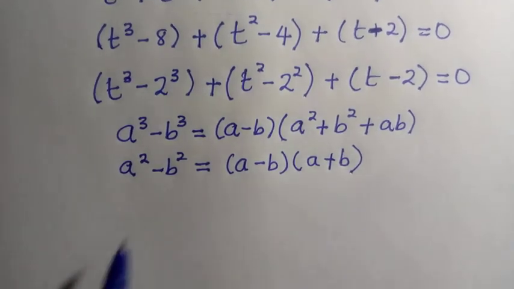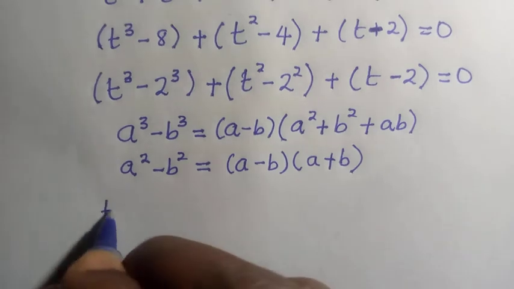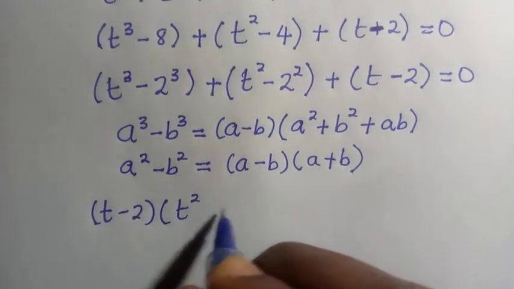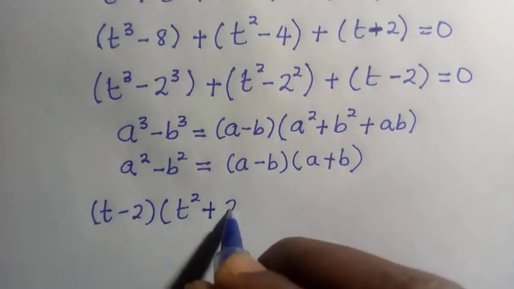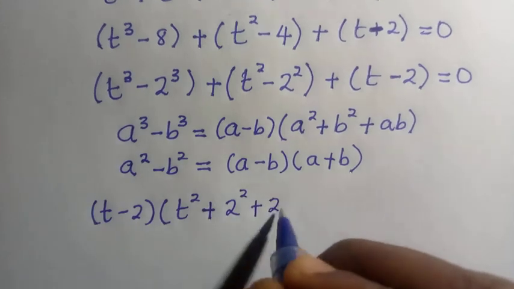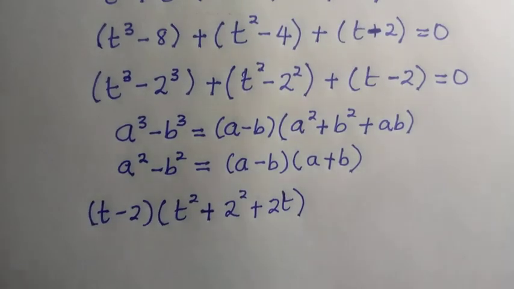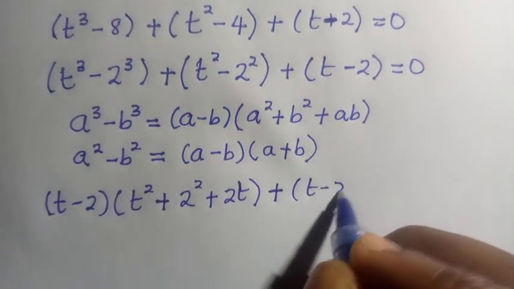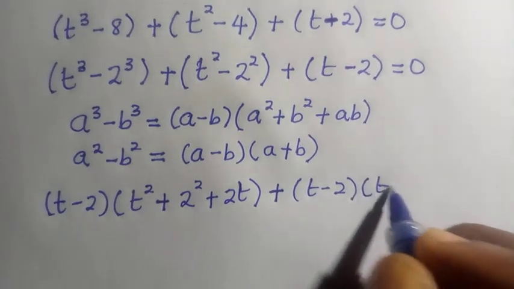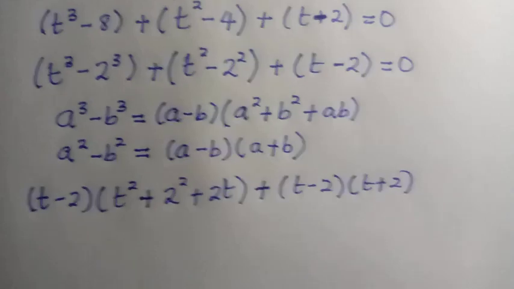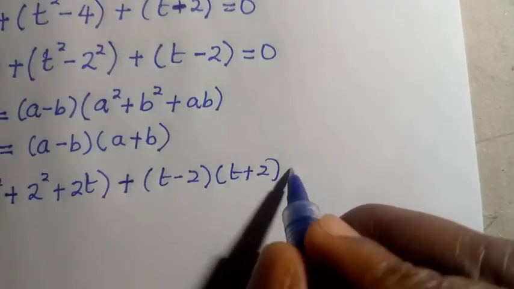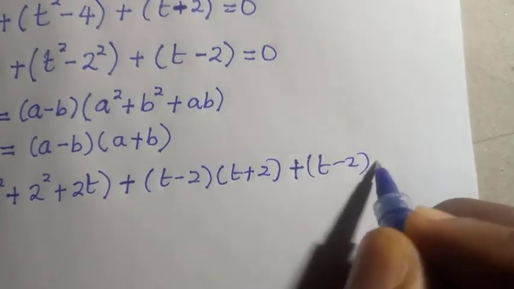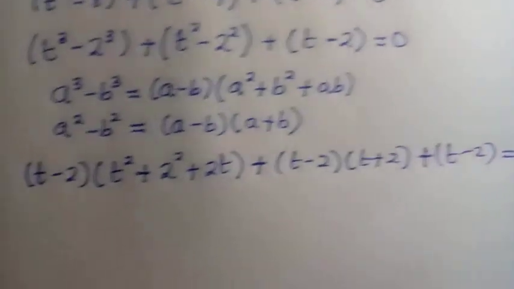By replacing it for the first one, we have t minus 2 in bracket, open bracket t squared plus 2 squared plus 2t, and also plus t minus 2 open bracket t plus 2, and with the last one, plus t minus 2, everything equals 0.